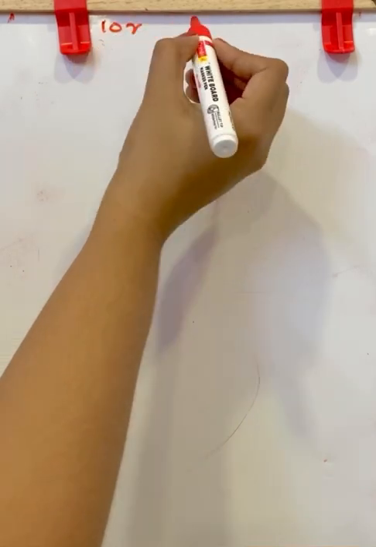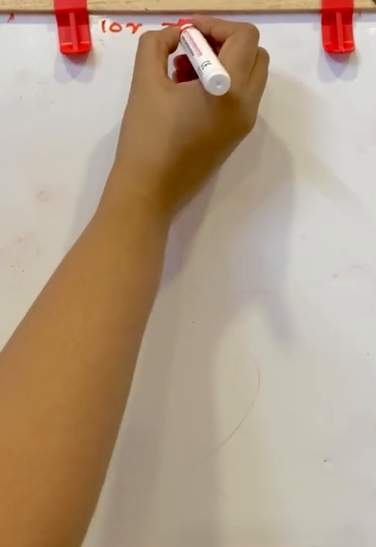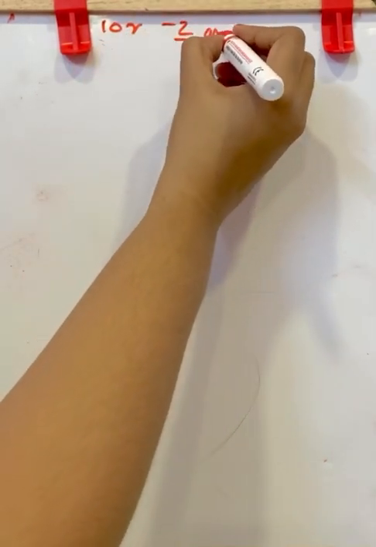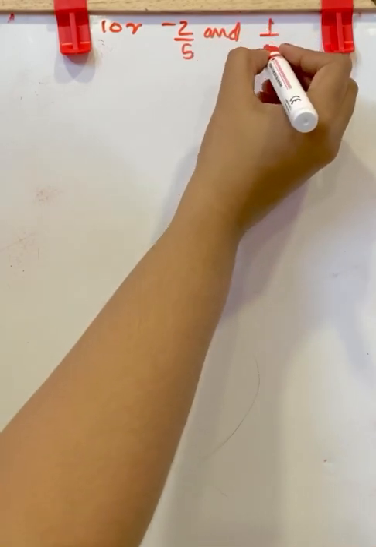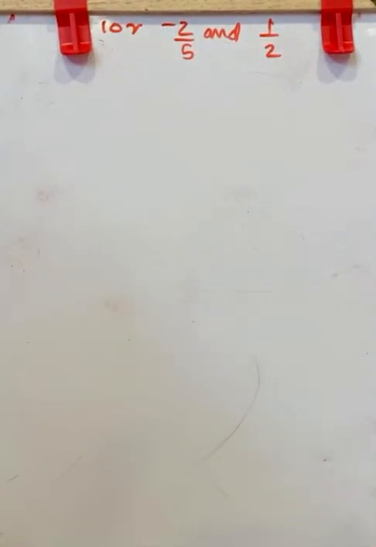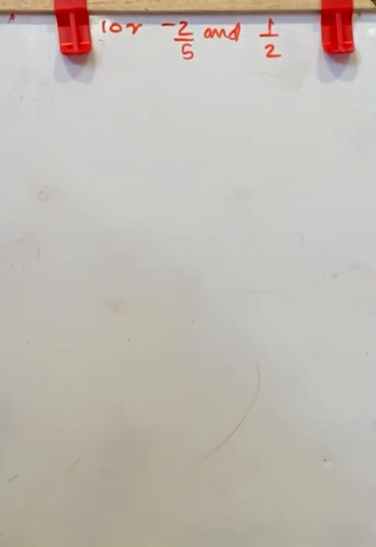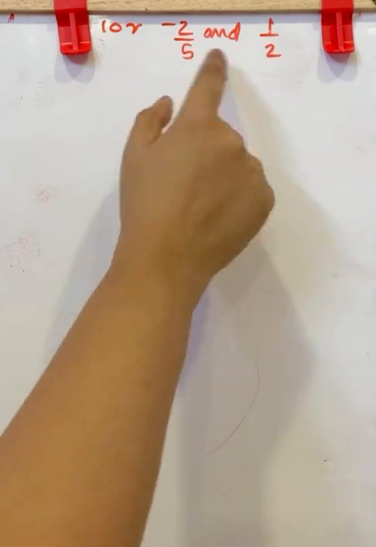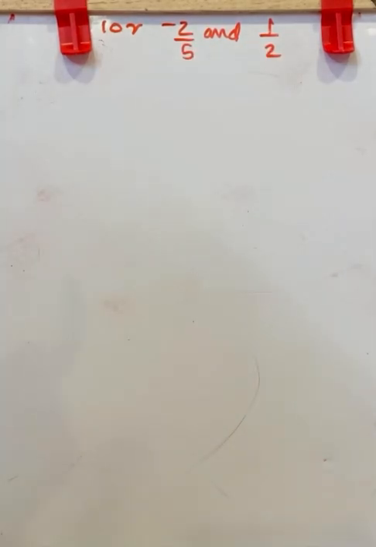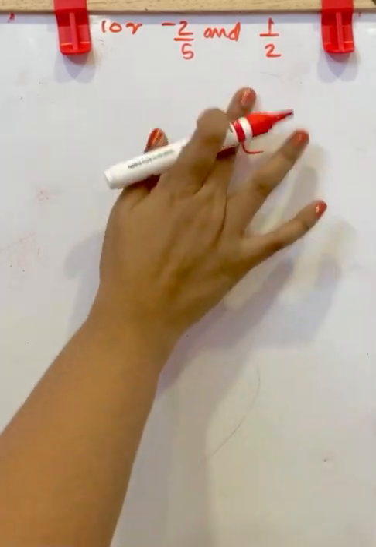Next question. Find 10 rational numbers between -2 by 5 and 1 by 2. Here the given fractions are -2 by 5 and 1 by 2. First you want to make the denominators the same. Here they are prime numbers, so you can't use the prime factorization method to find the LCM.